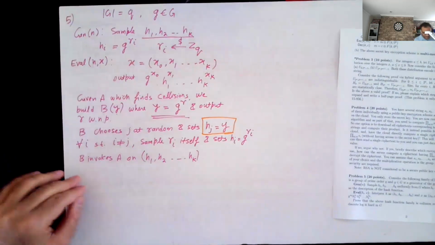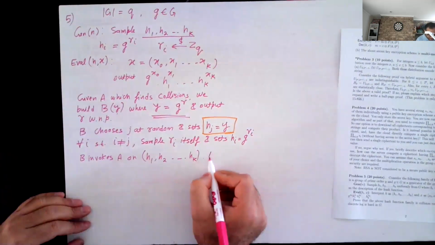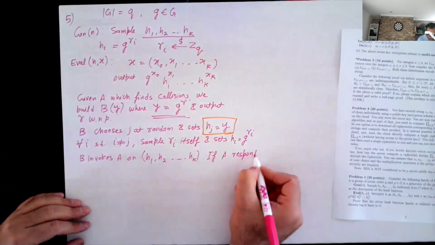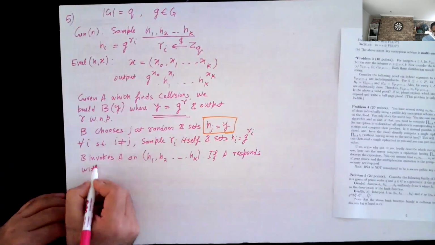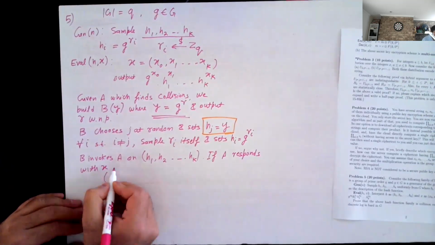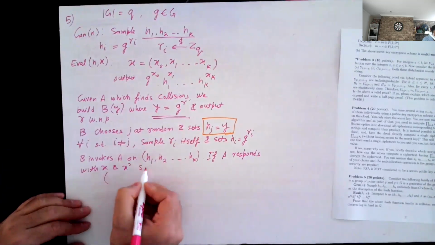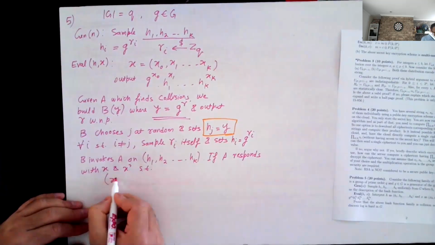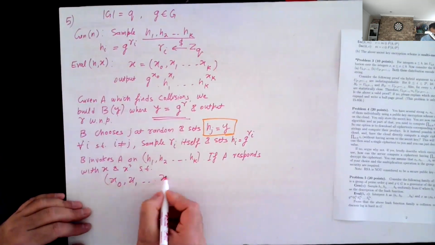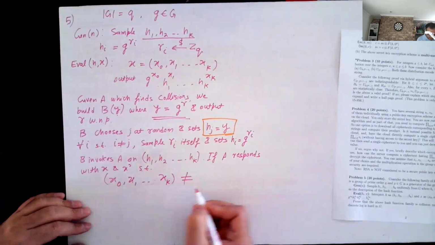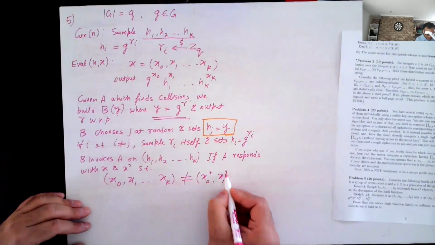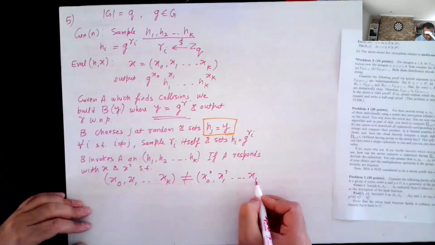Then suppose A responds with 2 inputs, x and x prime, such that the first input is x0, x1 up to xk, and it's not equal to x0 prime, x1 prime, up to xk prime.